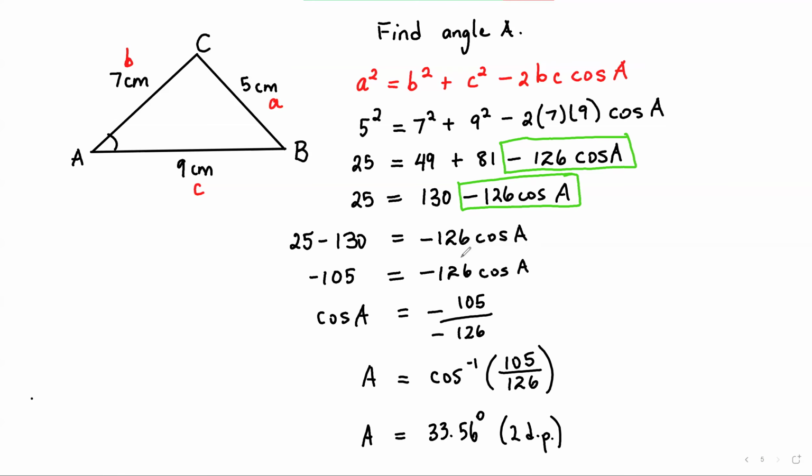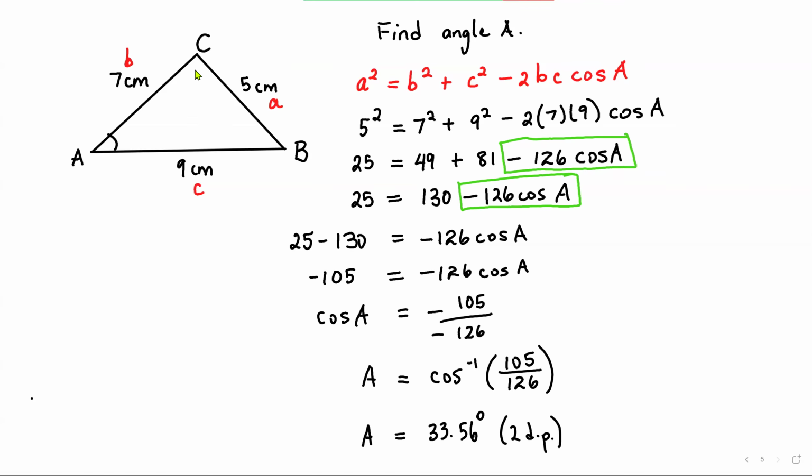Now, since we're here, let's work out for angle C. I want you to try it though, using the same, I'm leaving this on the screen, and I'll give you a little hint, or a head start, I should say.